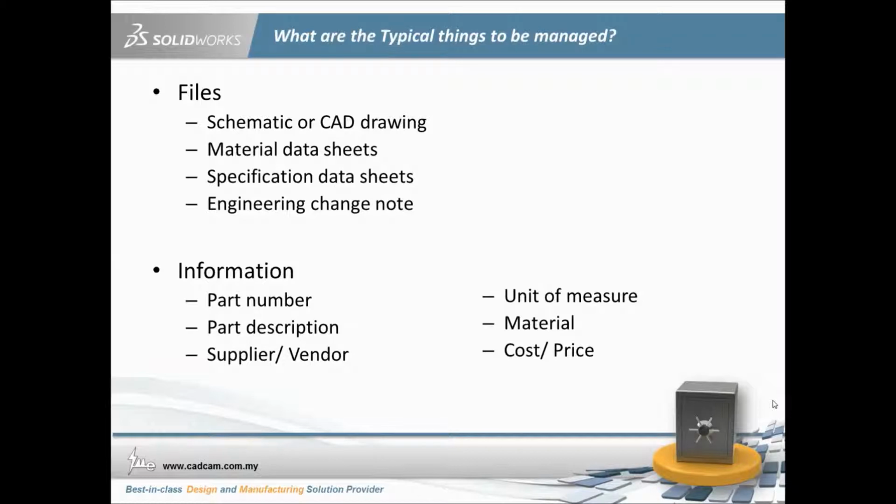And all of these files and documents contain many important pieces of information for you to reuse, search, and create a database of your company, such as part number, descriptions, the suppliers and vendors, the units of measure, materials, costs, and other important information.